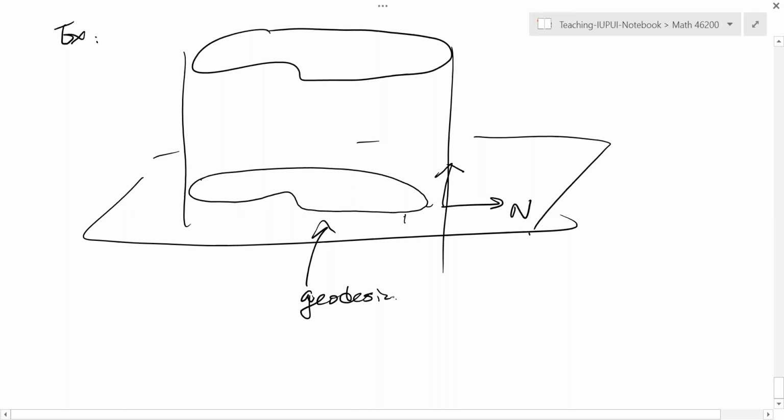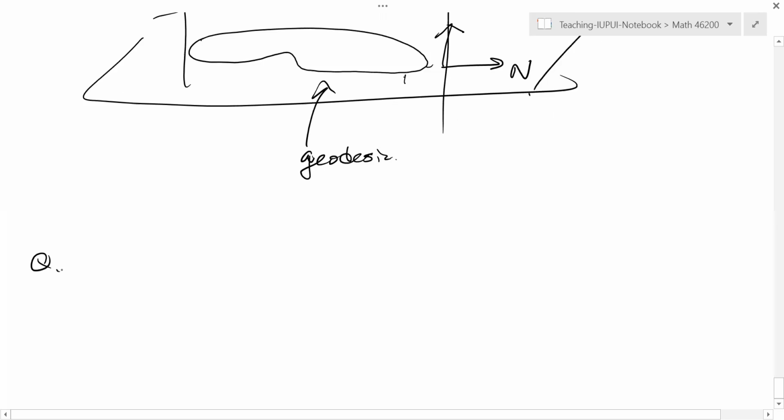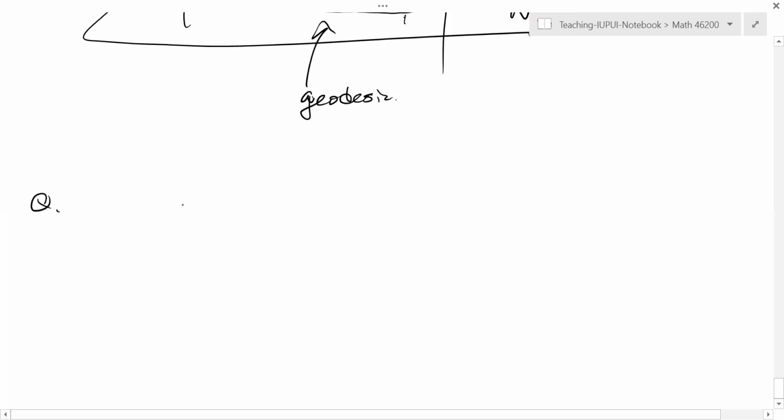The reason it's a geodesic is that it is the intersection of a plane and the surface, and the normal vector of the surface at that particular point is always perpendicular to the normal vector of the plane. So those are easy observations to see geodesics. We can also take a look at another problem. Here's a cone.